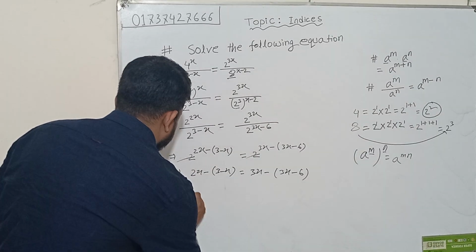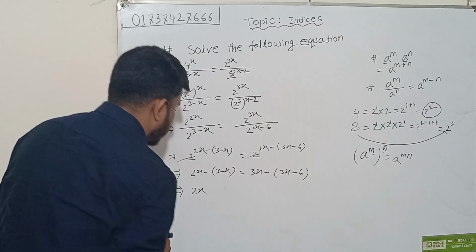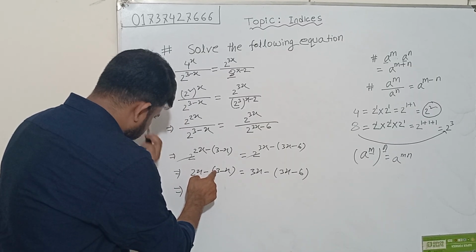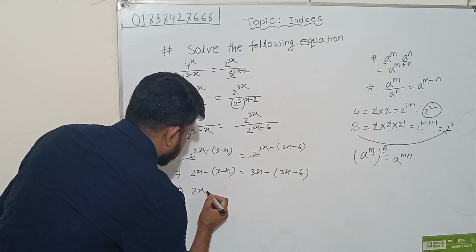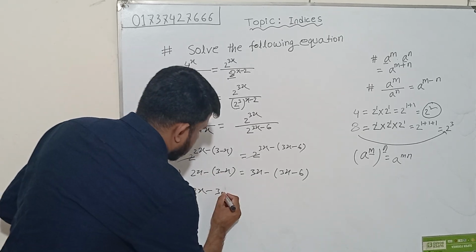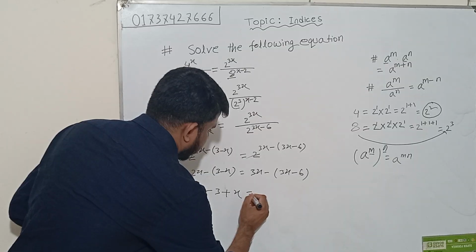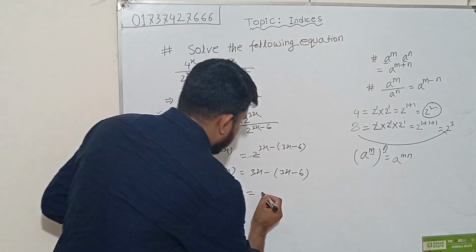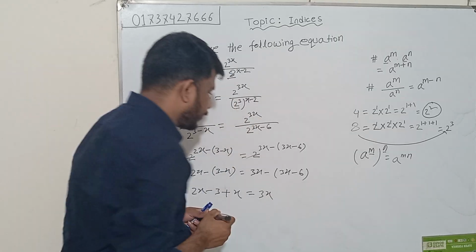So 2x is here, and this is minus, and there is nothing, meaning plus, so minus and plus is minus 3. And this minus becomes plus x. And then this 6, just copy 6 here.